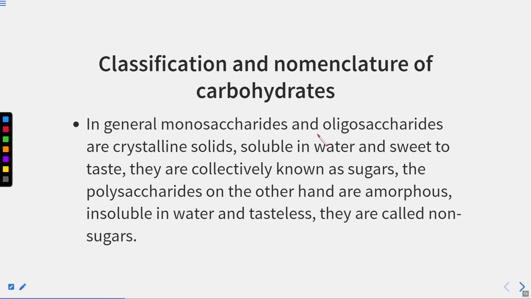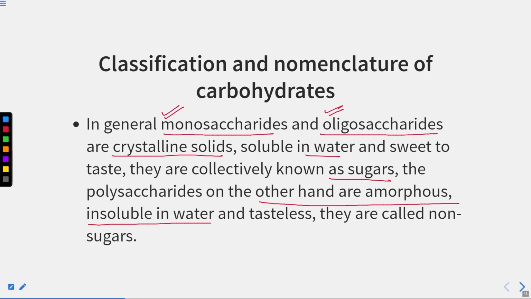In general, monosaccharides and oligosaccharides are crystalline solids, soluble in water, and sweet to taste. They are collectively known as sugar. So what are called sugar? Monosaccharides and oligosaccharides. The polysaccharides, on the other hand, are amorphous, insoluble in water, and tasteless, so they are called non-sugar.